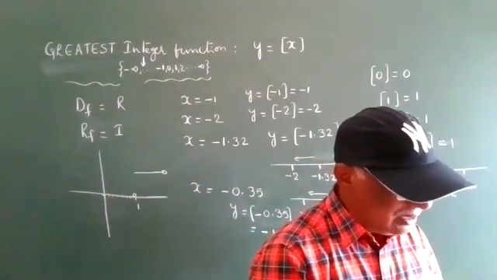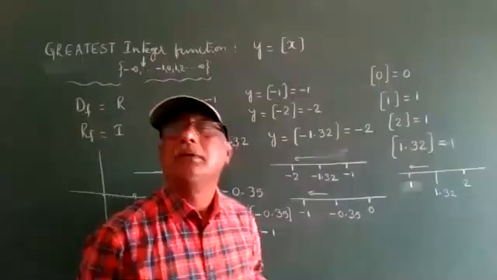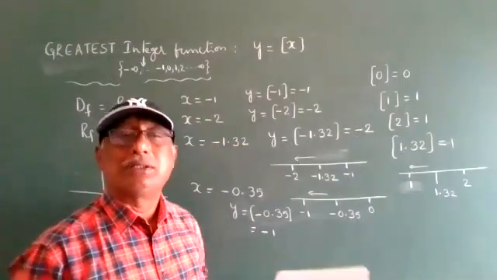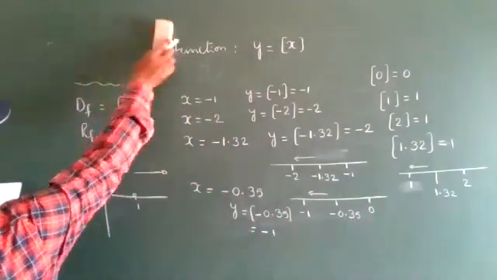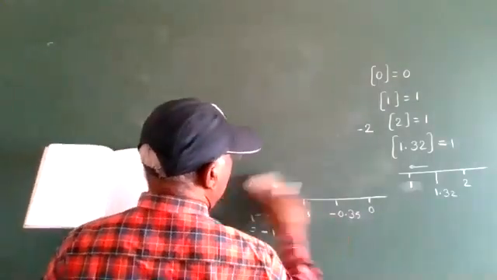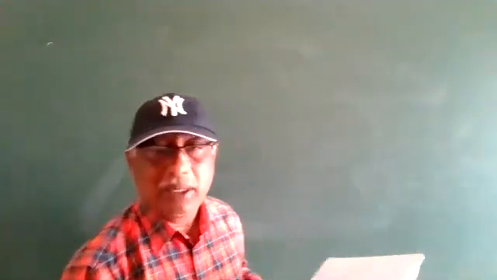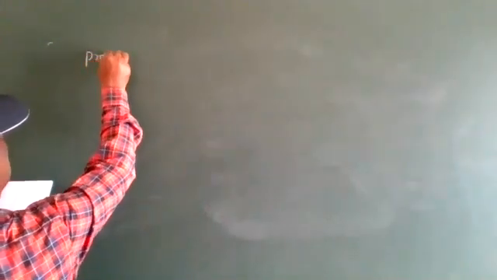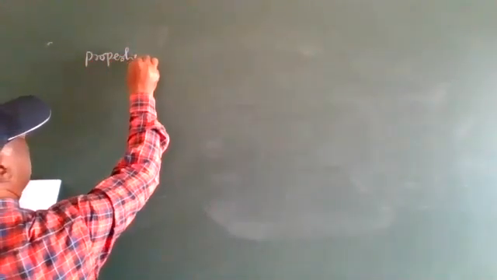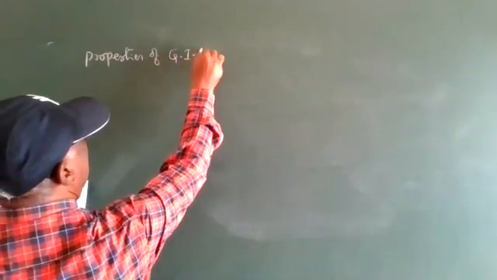Okay? What are the properties of this step function? Properties of the greatest integer function.